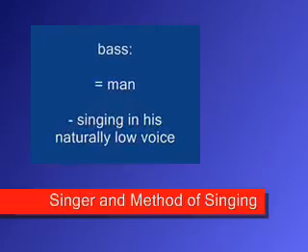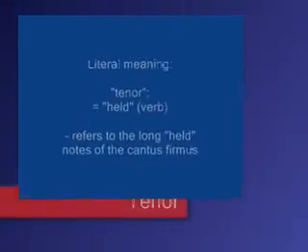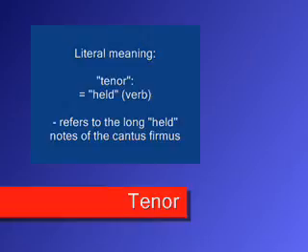Bass, the Italian word that means low and that is masculine, in a Renaissance church choir was sung by a man singing in his naturally low voice. In fact, this is exactly what a bass is in a modern church choir as well. Now let us turn to the literal meaning of the word tenor.